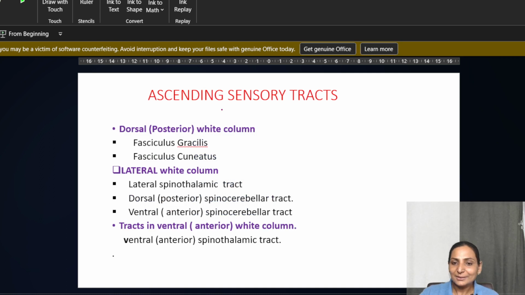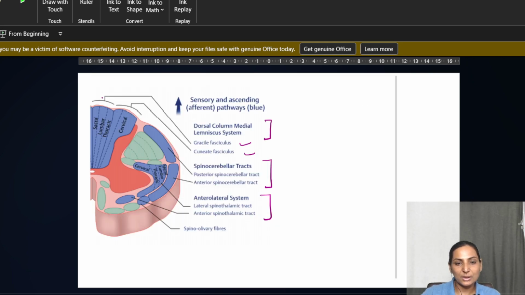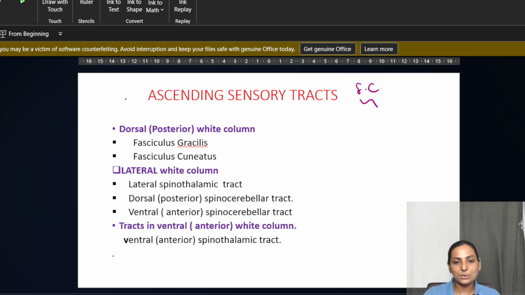However, you can classify the ascending tracts depending upon their position in the spinal cord, right? What position do they take in the spinal cord? Those which are present in the dorsal column are fasciculus gracilis and fasciculus cuneatus.